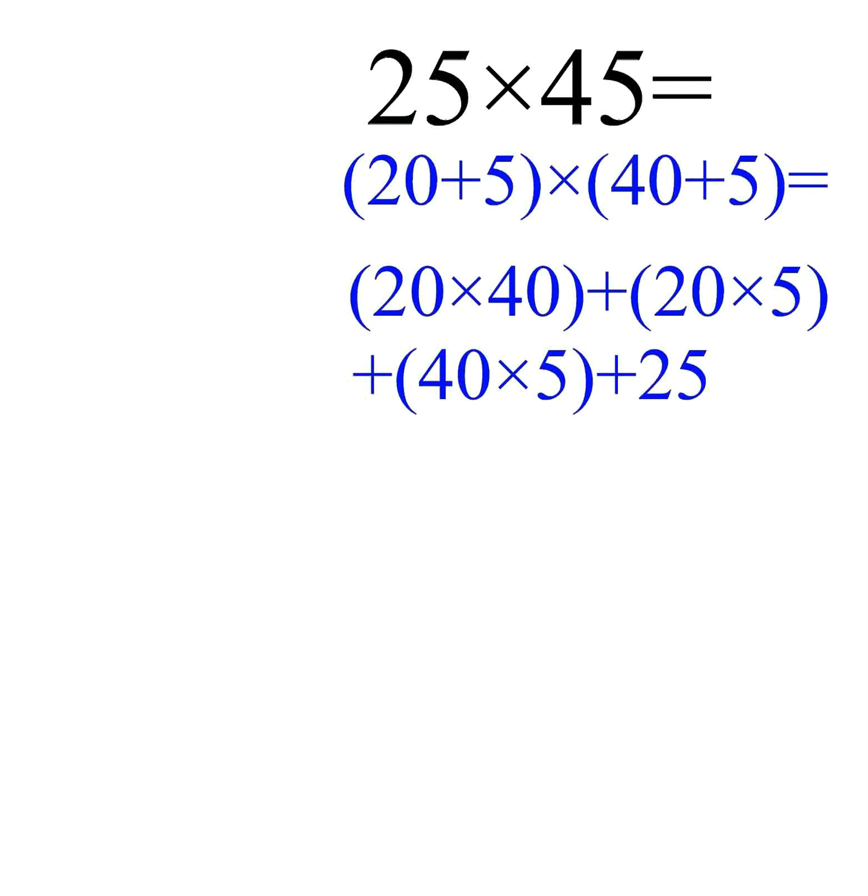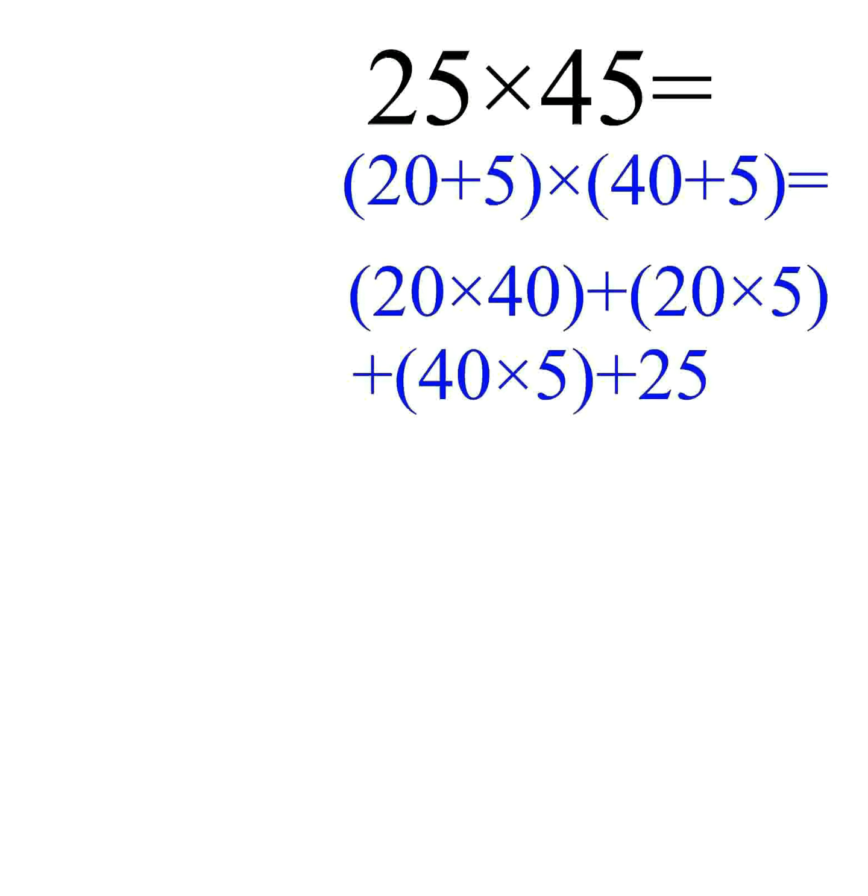You see, here we multiply 20 of the first parentheses into 40 and add it to 20 times 5, then multiplied 5 of the first parentheses into 40, and finally the 5 into the 5 of the second parentheses.